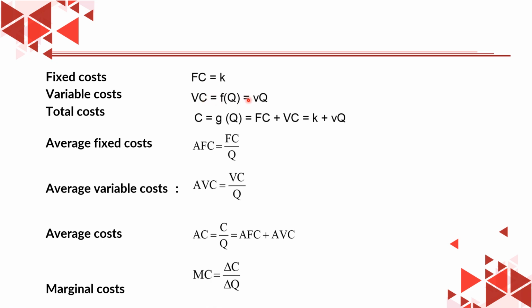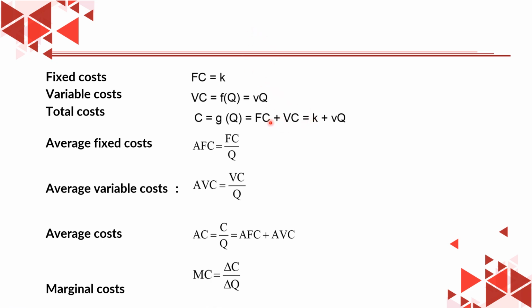So that's why the equation of a variable cost should be the cost of each product per unit times the product itself, v times q, and the total cost will be fixed cost plus variable cost.